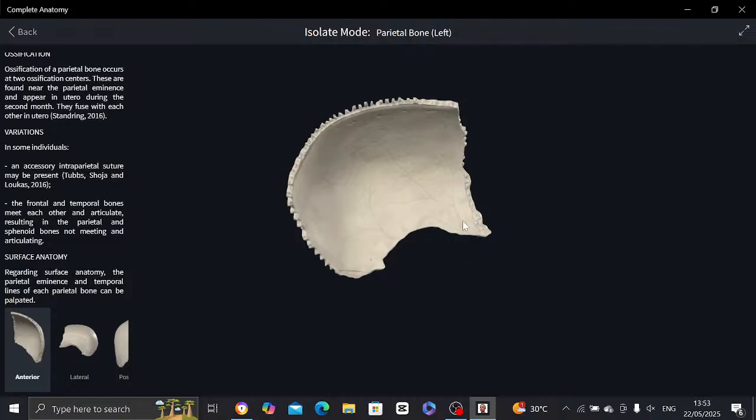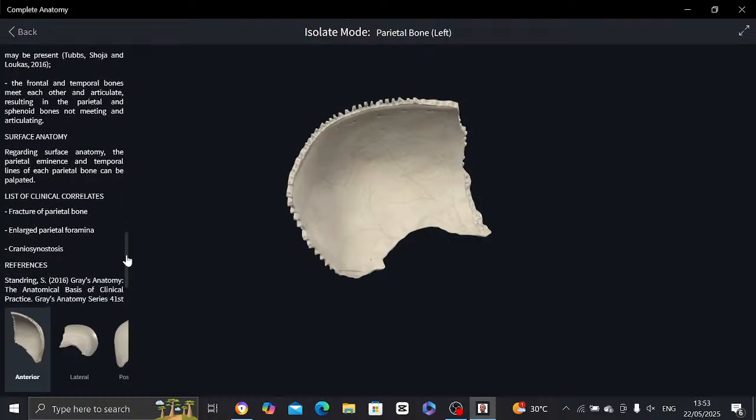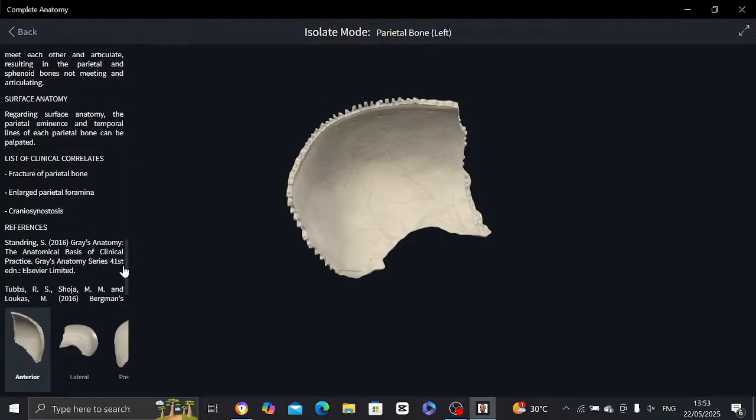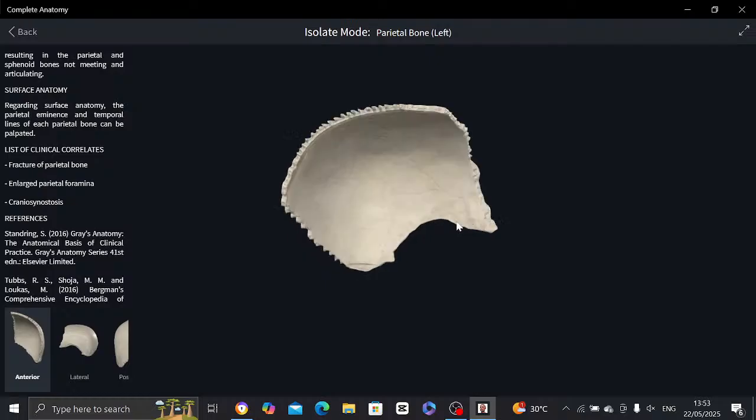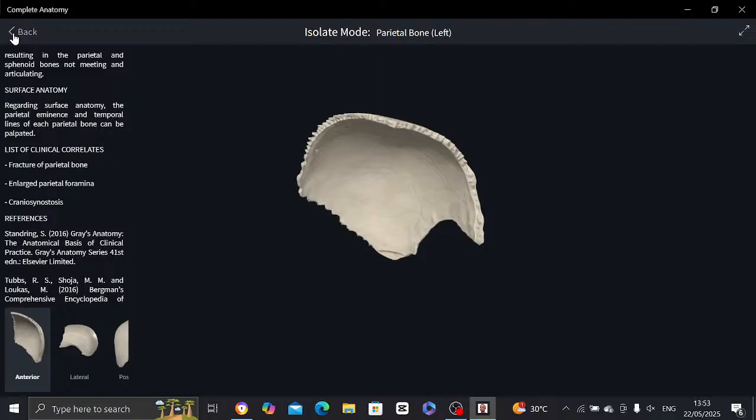We've talked about the metopic suture, but in some individuals it doesn't persist. Some of the foramina could be enlarged, and if there is abnormal fusion of all these sutures, it could lead to craniosynostosis. Now let's talk about the temporal bone.